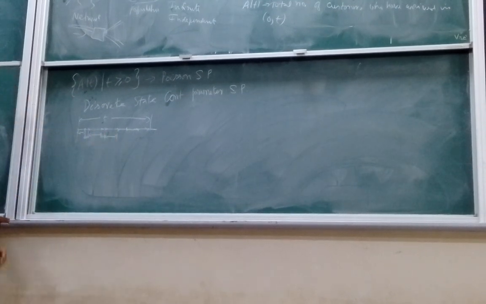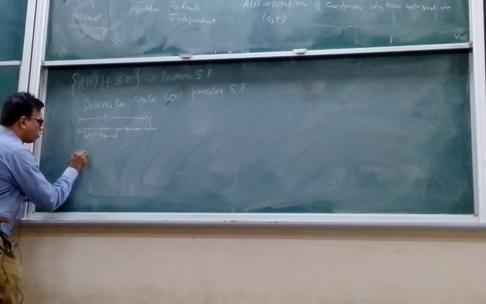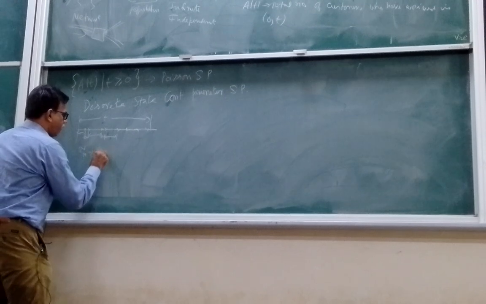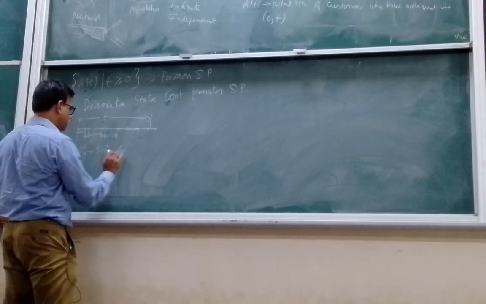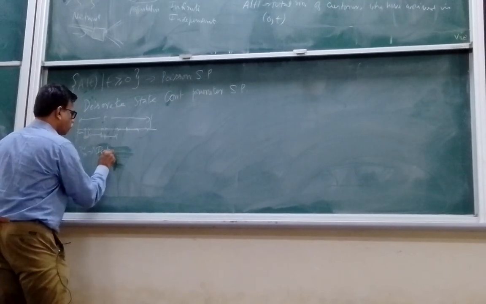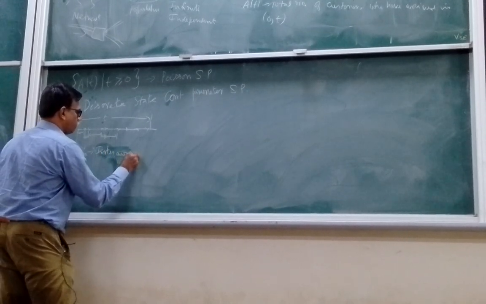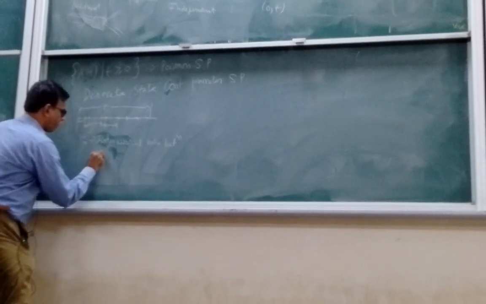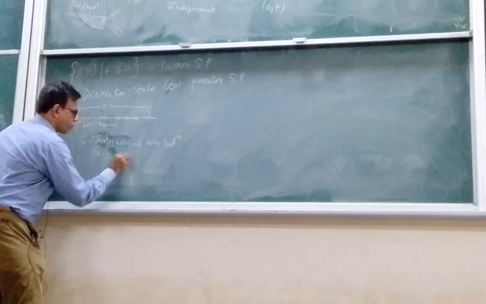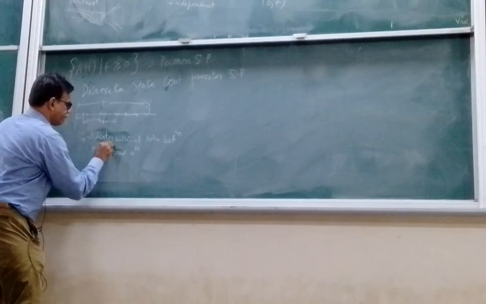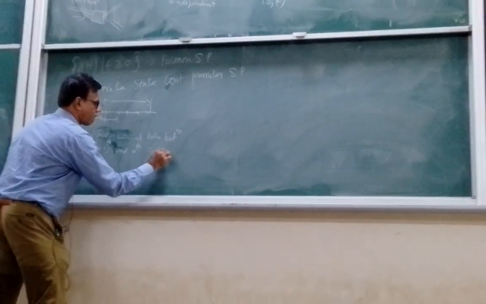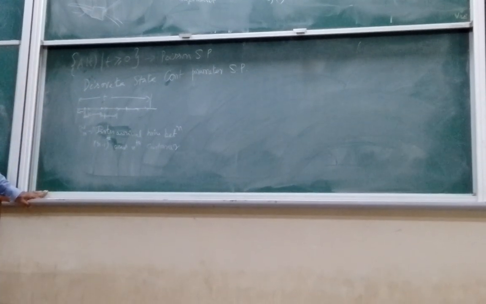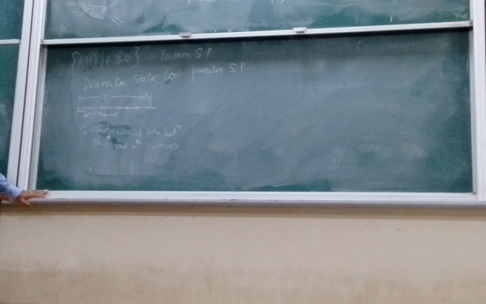So I will use another notation, tau, for the time. Tau n is the inter-arrival time between the n minus 1 and the nth customer.